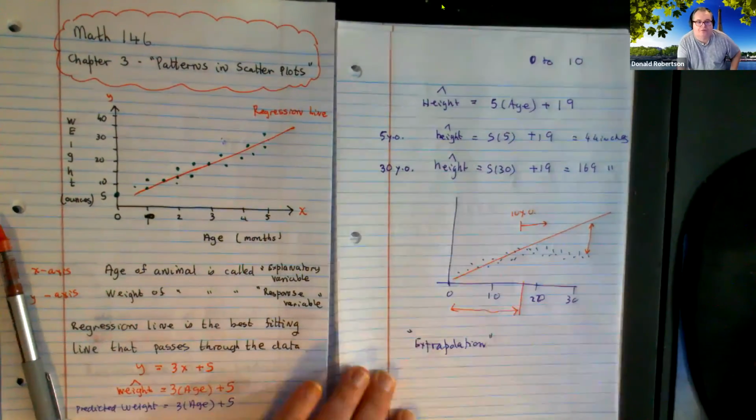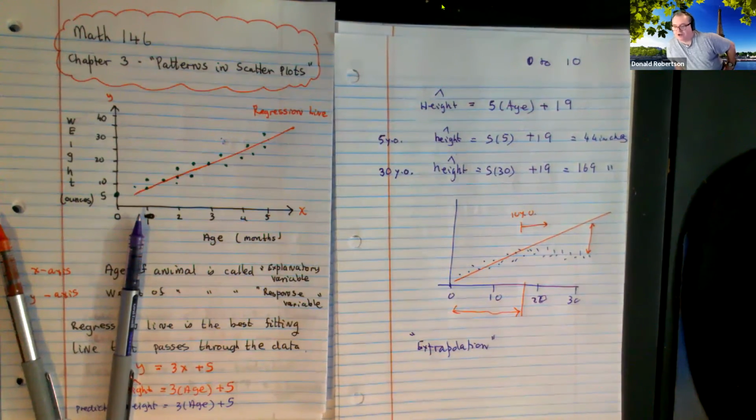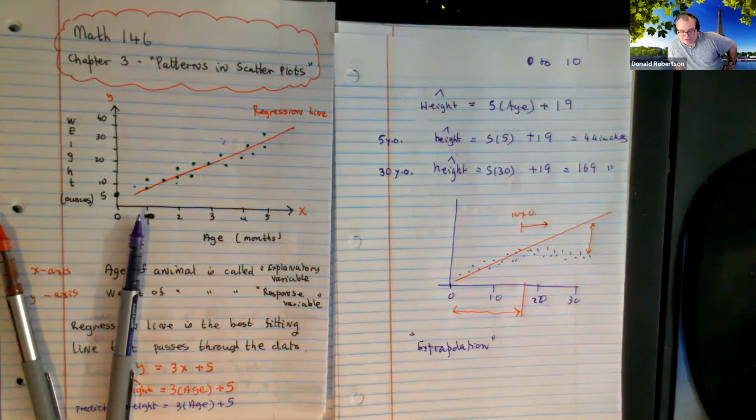Politicians love to do extrapolation because extrapolation allows them to exaggerate trends. Give you an example. Suppose over the last 3 years, the inflation rate went up by an extra 1%.